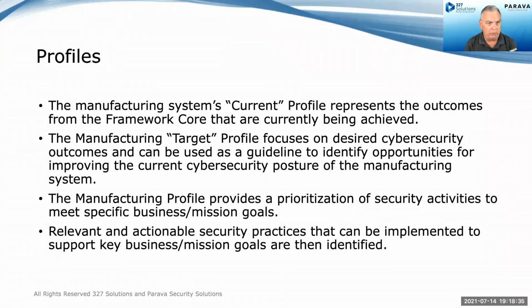The manufacturing profile is going to give you a prioritization of security activities to meet a specific business or mission goal. You will have relevant and actionable security practices that can be implemented to support whatever key business or mission goals are subsequently identified.